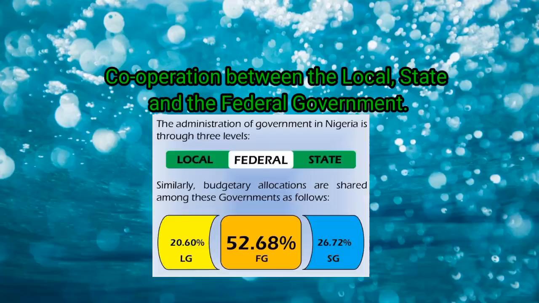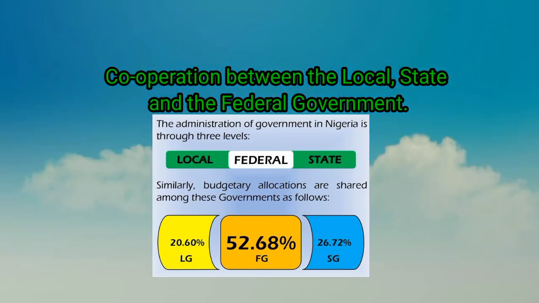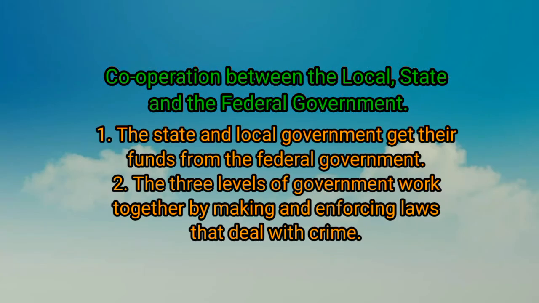Now let's look at the cooperation between the local, state, and federal governments. The three levels of government need to cooperate. This is very important because it ensures that the affairs of the country are run smoothly.